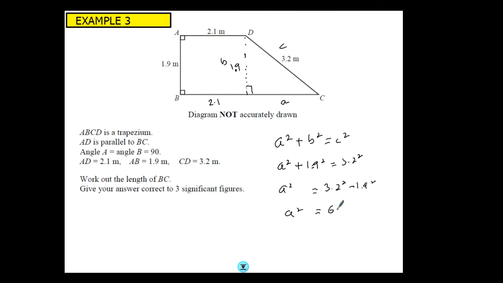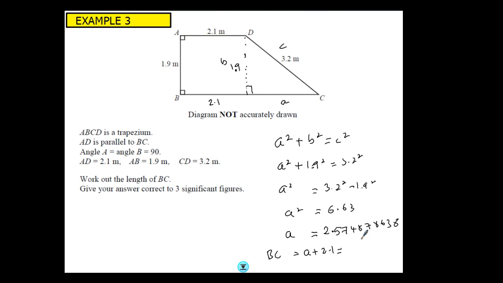A squared is 6.63. We then need to square root both sides, so the square root of 6.63 is 2.57487868, if I write down the full calculator display, and that's just this distance, so we've got to add on 2.1, so it's that distance plus 2.1.